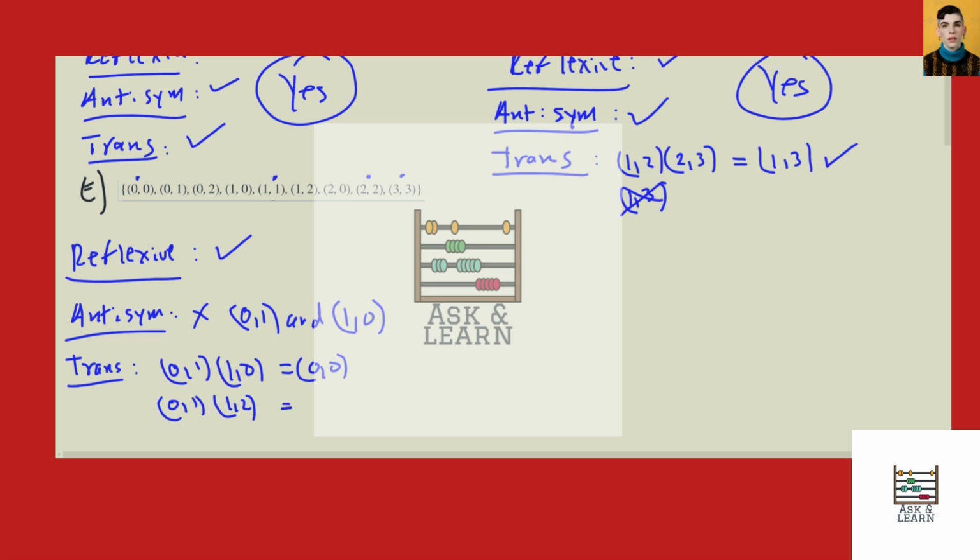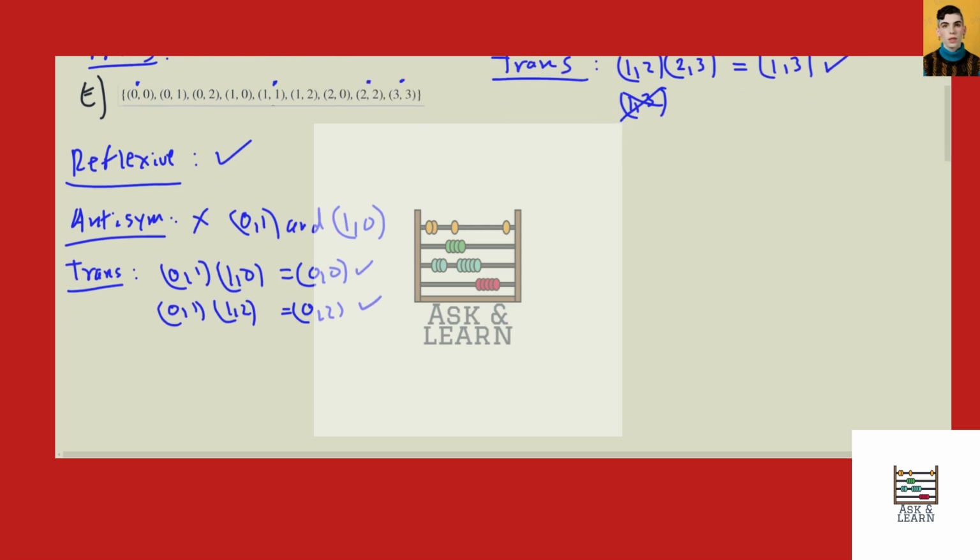So that would be (0, 2), which is in there. So those are the only ones for that first one we could do. Now what about (0, 2)? Let me put a little dot there to say we did that. So we'd have (0, 2), which could go to (2, 0), which would give us (0, 0), which is in there. So that's good.